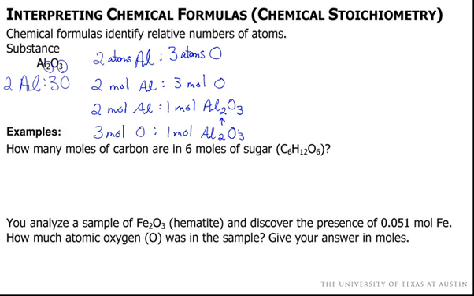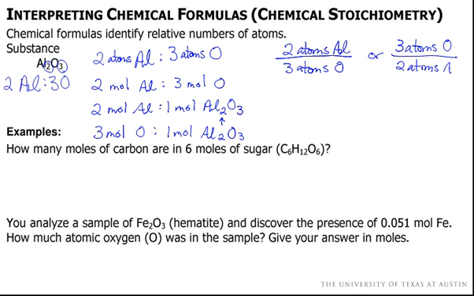Now I can use these relationships and I can write them in such a way that I can use them in a mathematical relationship to do a problem. So I can write 2 atoms of aluminum per 3 atoms of oxygen, or I can write that upside down and say 3 atoms of oxygen per 2 atoms of aluminum.